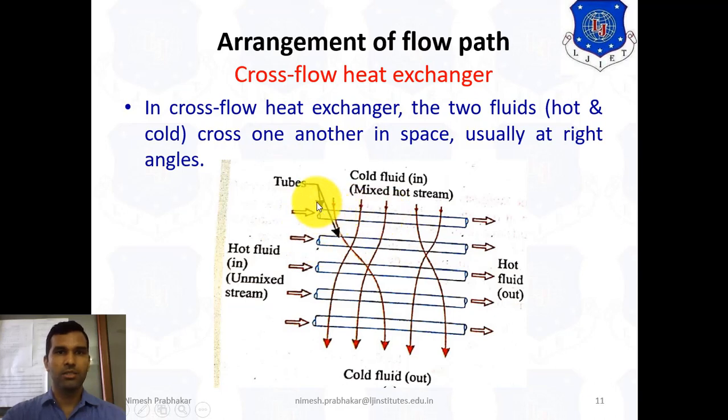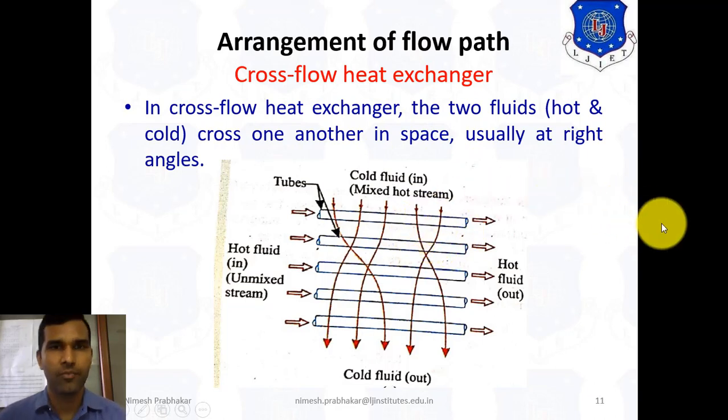This is a tube that is connected in parallel, and the hot water flows in this tube, and we give cold water from this direction to this direction. That means this is a right angle flow of the fluids. So this is a simple arrangement of a cross flow heat exchanger.